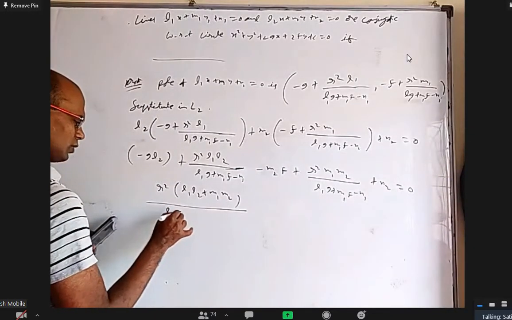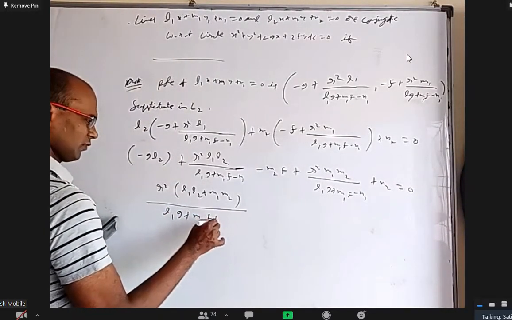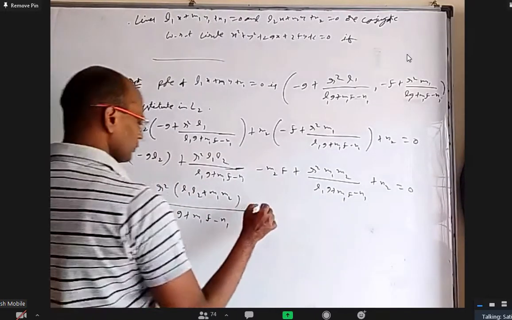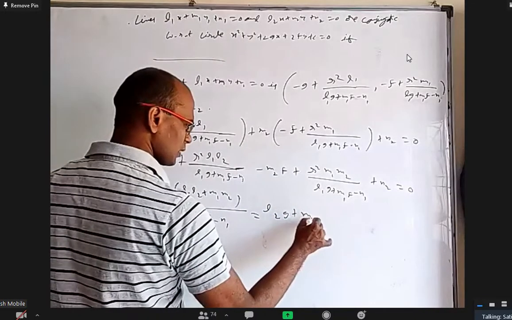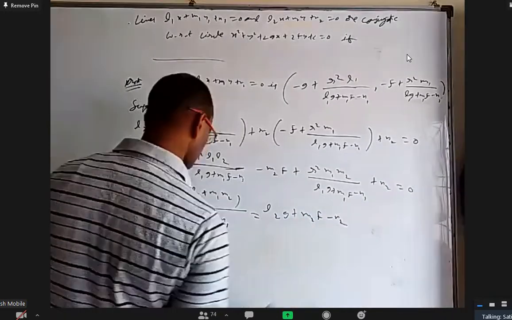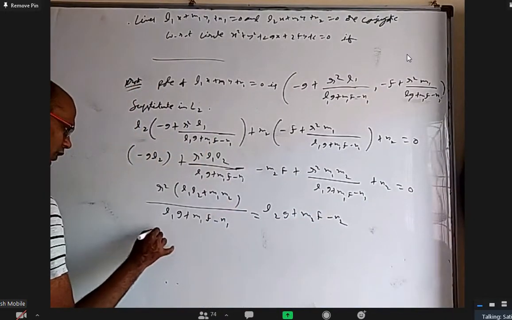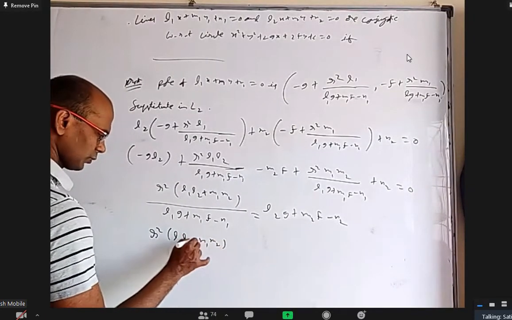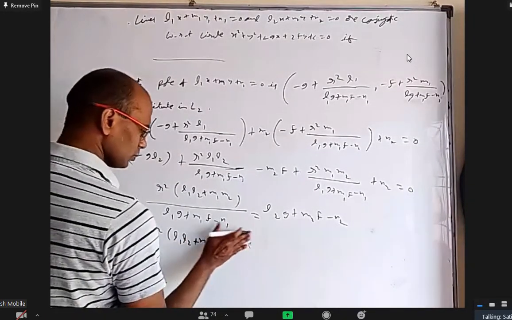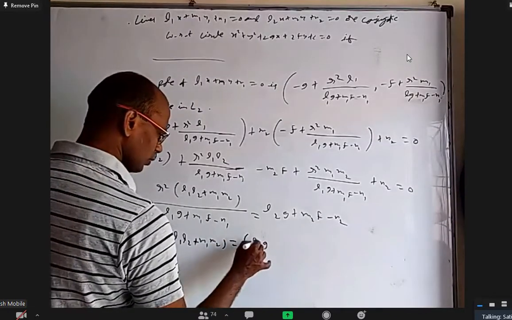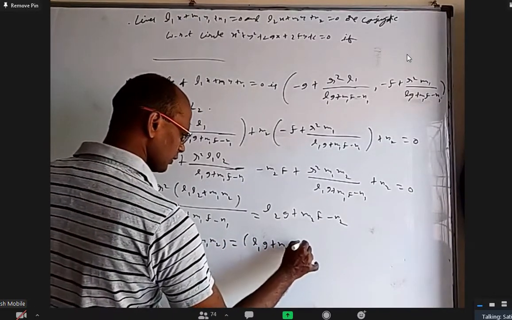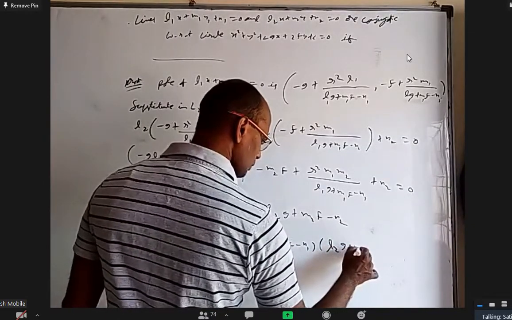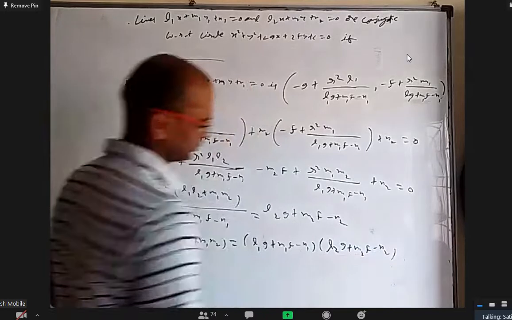by (L1g plus M1f minus N1) equal to L2g plus M2f minus N2. And here we get r square into (L1 L2 plus M1 M2) equal to (L1g plus M1f minus N1) into (L2g plus M2f minus N2).